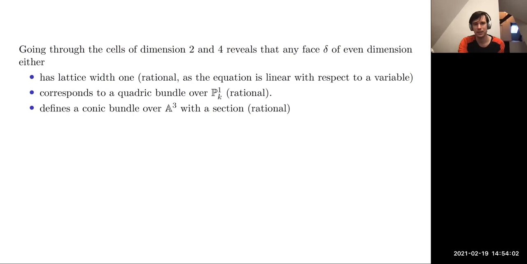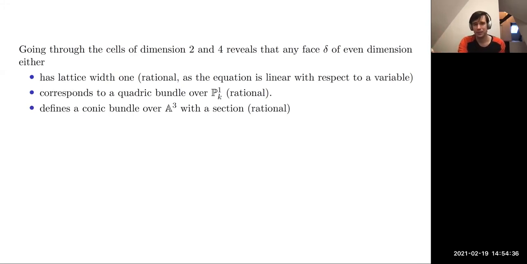Most of the time we'll be lucky, and the phase will have lattice width 1, so it would again be rational. And sometimes we have to use some known results, maybe you would get a quadric bundle over P1, so it's known to be rational, or a conic bundle over P3 with a section, that's also rational.